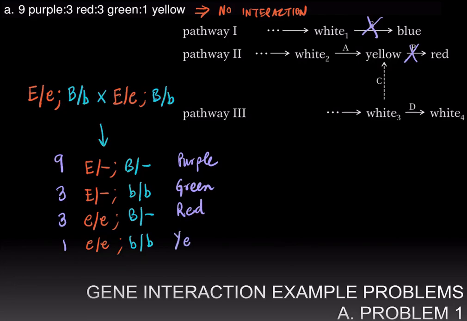Therefore this individual will be yellow, and this confirms that our guess that it is E and B mutations that we are dealing with is correct, since we have recovered the 9 purple, 3 red, 3 green, and 1 yellow ratio.